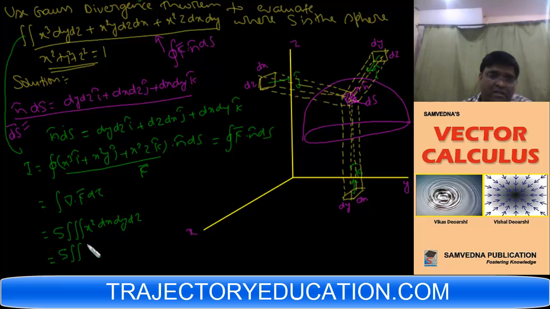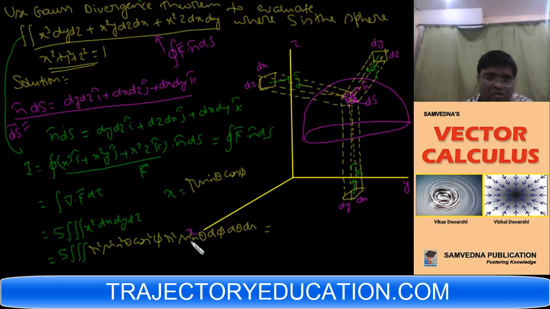So I'll use spherical polar coordinates, where x in spherical polar coordinates is r sin theta cos phi. So this will be r square sin square theta cos square phi, and dx dy dz is written as r square sin theta d phi d theta dr.